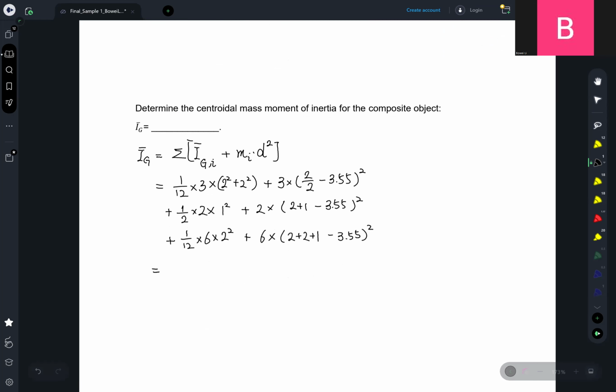For the first part, it's 1 divided by 12 times 3 times the summation of squares of the two sides.